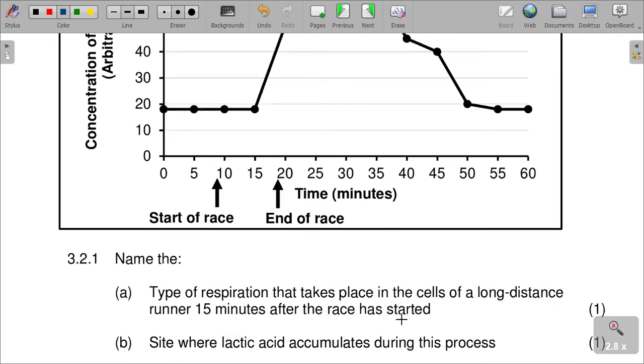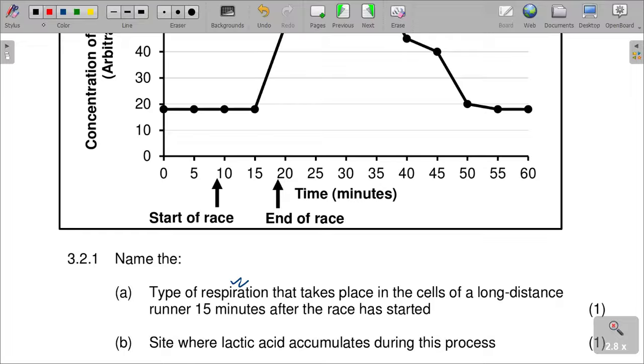The first question says, name the type of respiration that takes place in the cells of the long distance runner 15 minutes after the race has started.